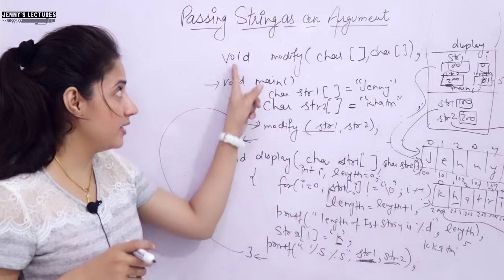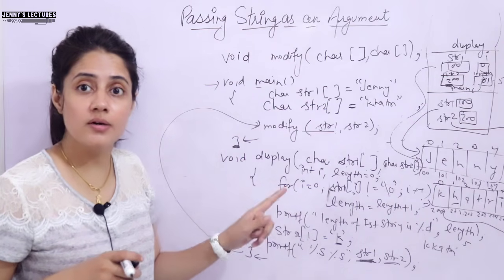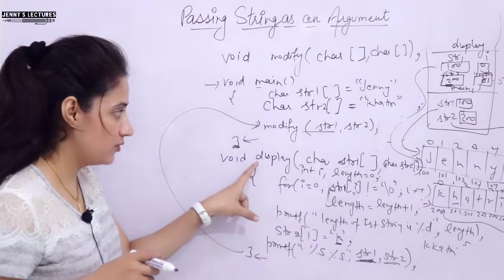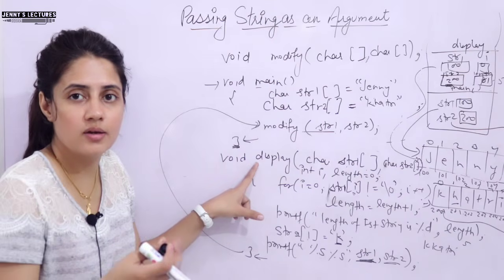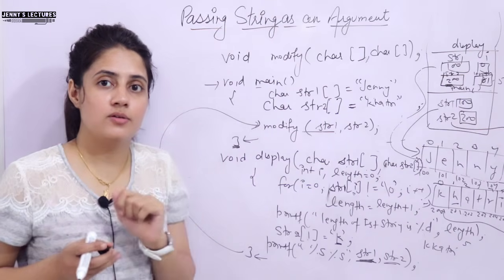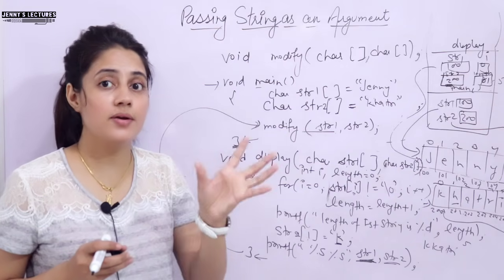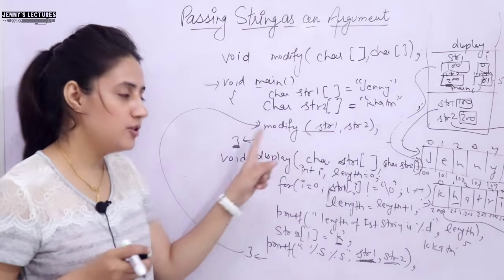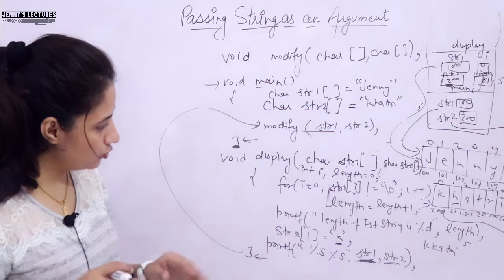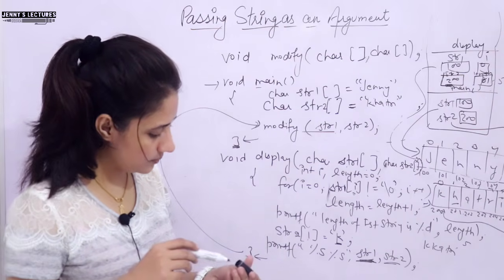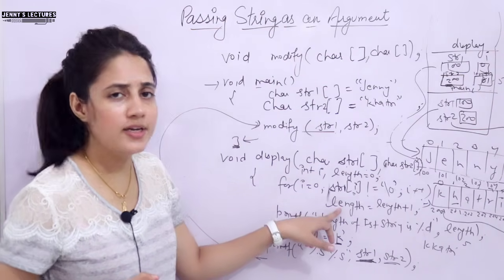Here we are not returning, but if you want this function to return a string, how that would happen we'll discuss in the next video. That is a little bit tricky, right? So let me run this on my laptop and show you what output you will get. Same as here, we are calculating the length of the string.